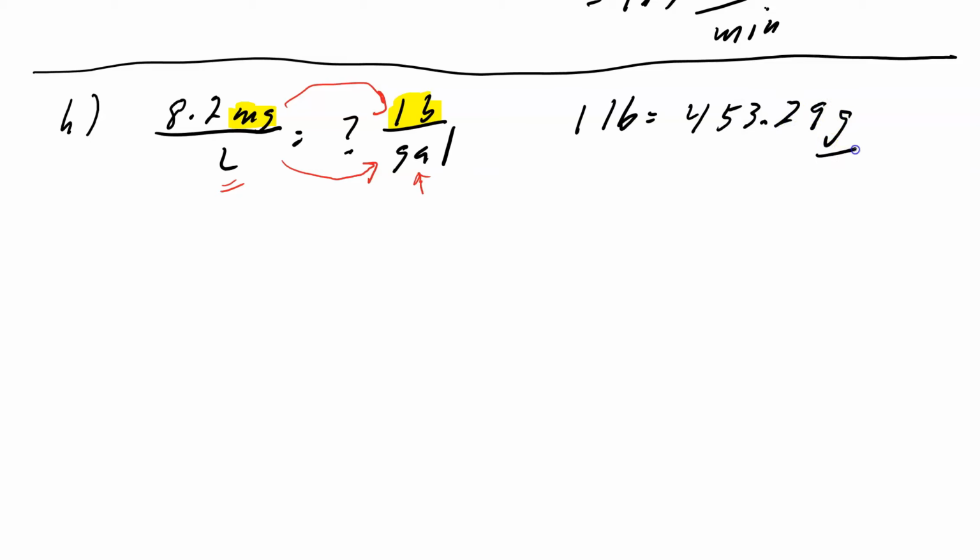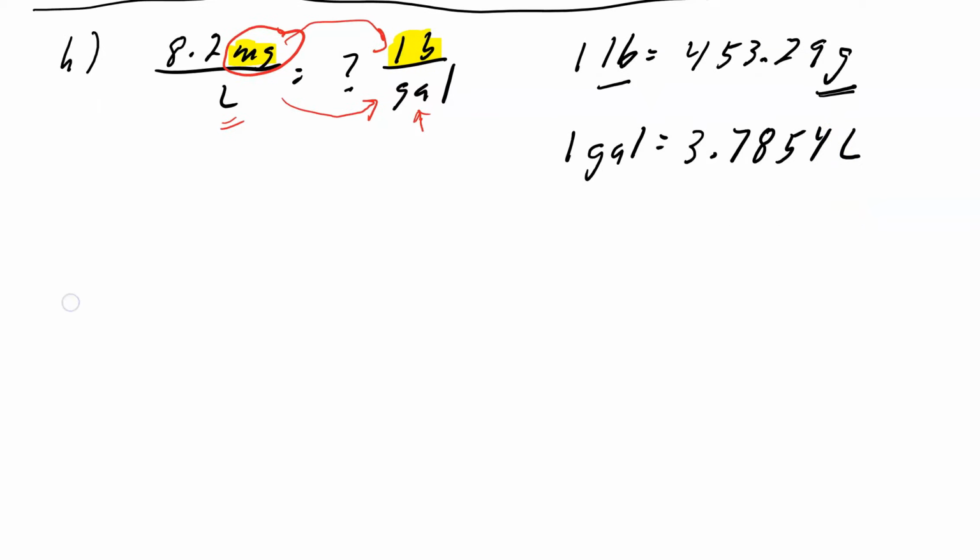So English system grams, metric system grams, English system pounds. Our problem, of course, has milligrams, but we know how to convert between grams and milligrams, so that's not a problem. Our denominator, pounds to gallons, our textbook tells us that in 1 gallon, and I believe we've used this conversion factor earlier in this problem, 3.7854 liters. So that's a direct conversion. So let's go ahead and get started.